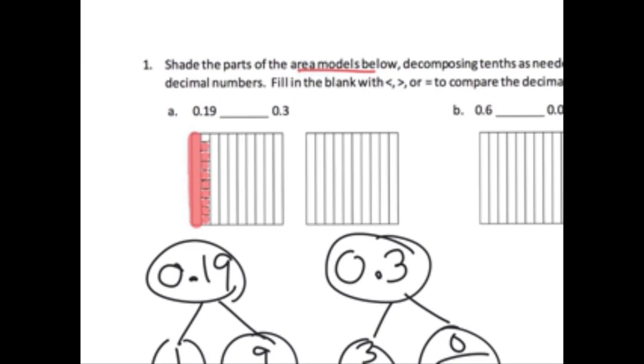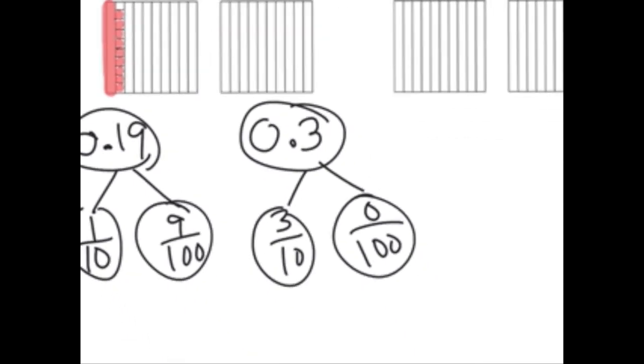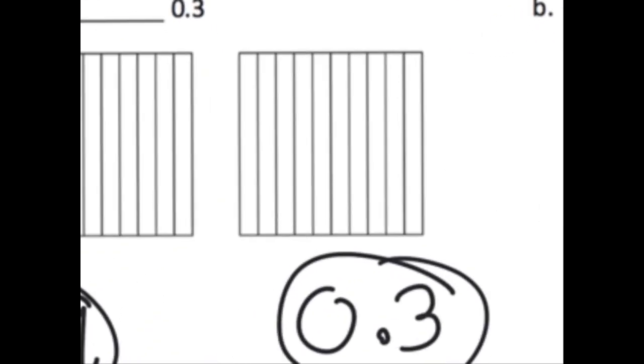So that is our model for 0.19. Now we need to model our 0.3, which right here is 3/10 and no extra hundredths. And so let's do that. We're going to zoom in a little bit, and we are going to shade in 3/10. So that's 1, 2, and 3.